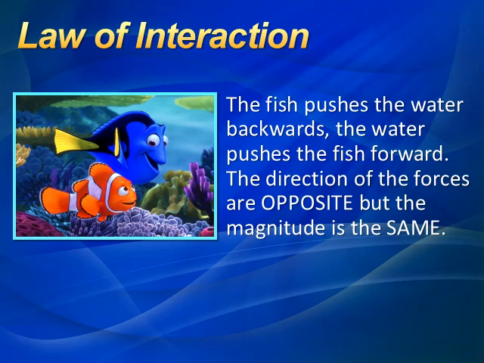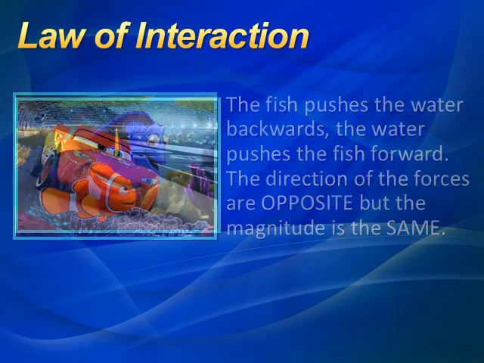Pero kapag gusto naman natin na mag-move backwards, ipinupush natin yung water papunta sa harap. Okay, so that's the law of interaction. So, mas malakas yung pag-push natin sa water backwards, mas mabilis din tayo nakaka-move, kasi mas malakas din yung force na ini-exert ng water sa atin.